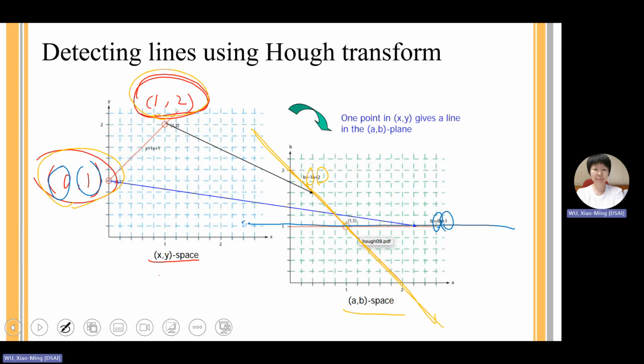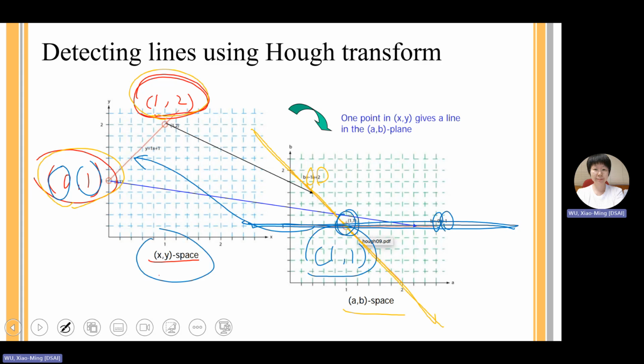The two lines will intersect at a single point, 1, 1. And this 1, 1 gives the parameters of the straight line in the XY space.